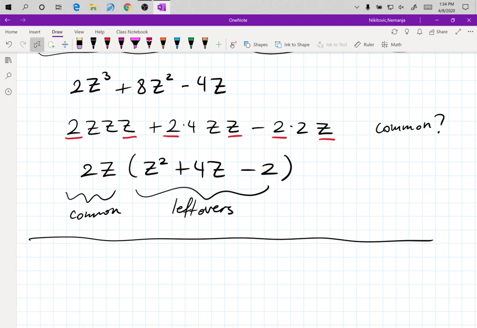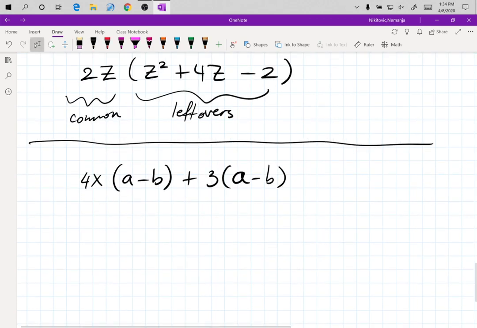And you can do this stuff with entire expressions. Let's say you have 4x(a minus b) plus 3x(a minus b). So, what is common, you ask yourself, right? For both terms. What is common?